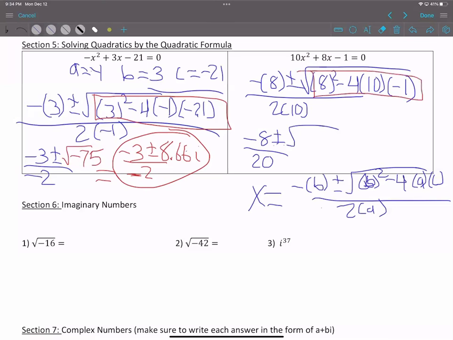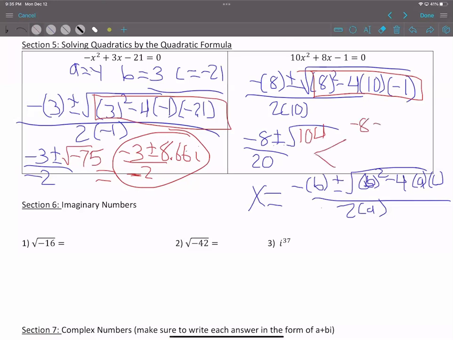That would be 64 plus 40, so 104. Double check my math. Yeah, that's right. So what is the square root of 104? I'll round it to the nearest hundredth. It's about 10.20.